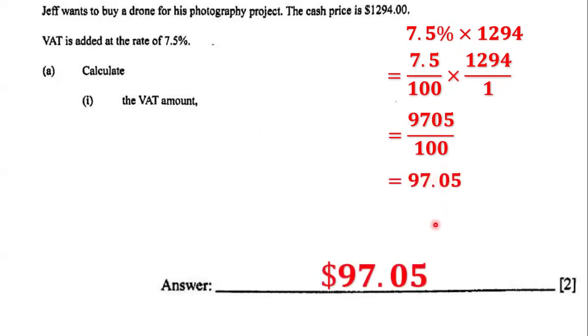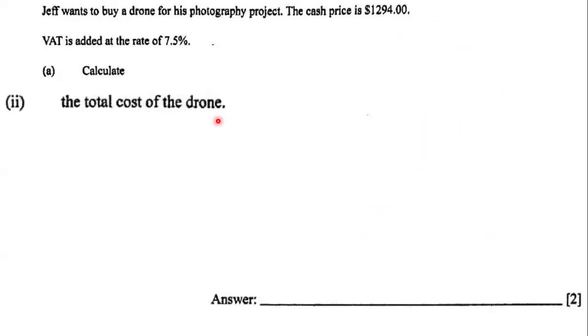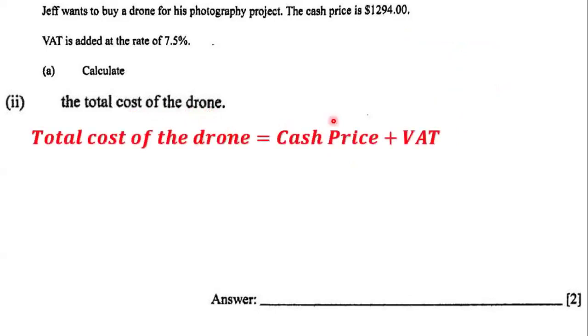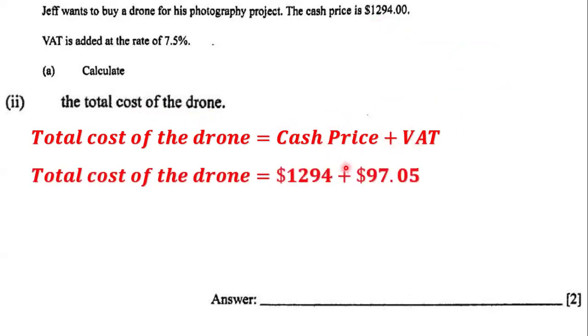And so that means that the VAT amount, which is 7.5%, is $97.05. Next, we want to determine the total cost of the drone. So the total cost of the drone is going to be the cash price, which is $1,294 plus the VAT amount. And so the VAT amount, which we just determined in the previous question, is $97.05, and the cash price is $1,295.